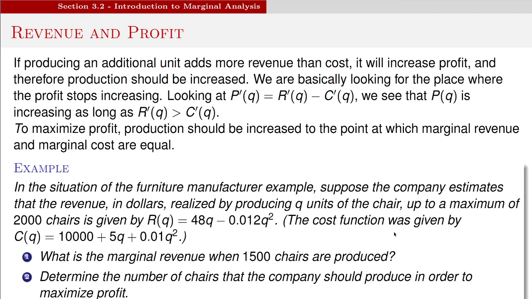And the cost function for producing Q chairs is 10,000 + 5Q + 0.01Q^2. Actually, this was the one from a previous example.